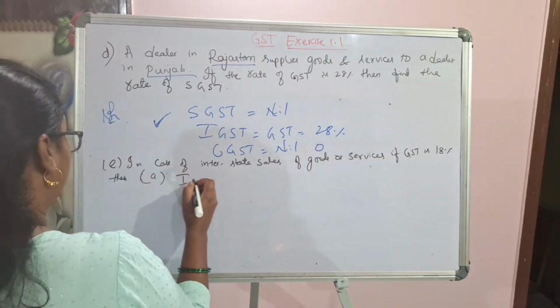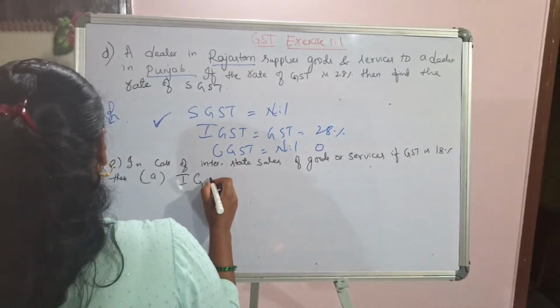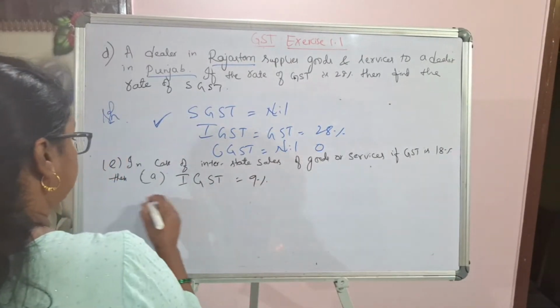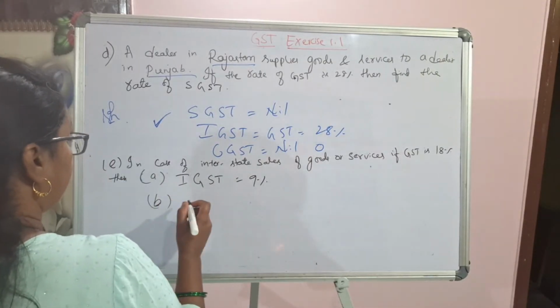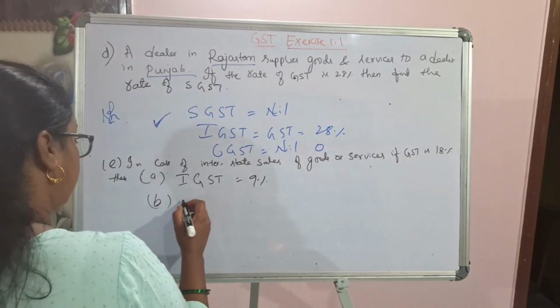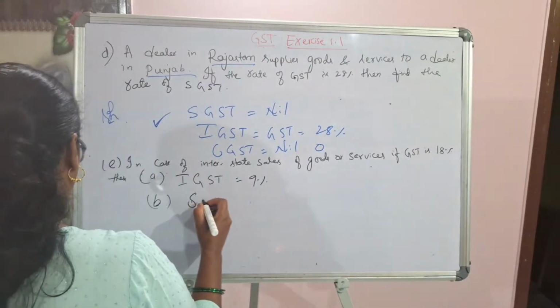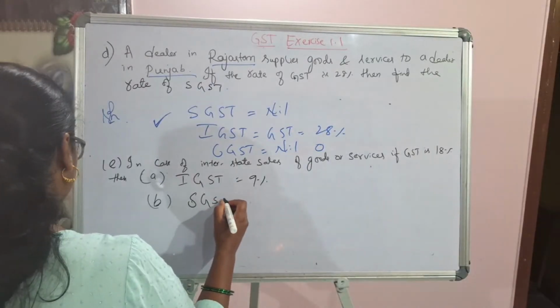This problem is for homework. I am not going to solve this problem. Since it is an MCQ question, you people have to find the answer. Those who are not in live can give the answer in the comment section later.